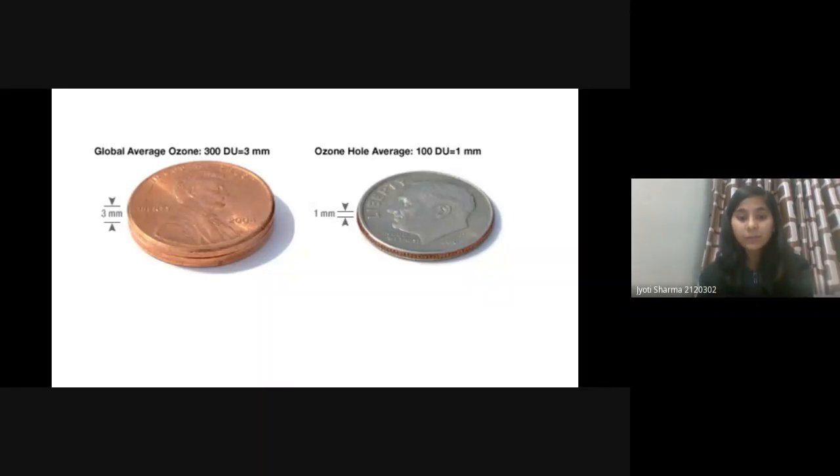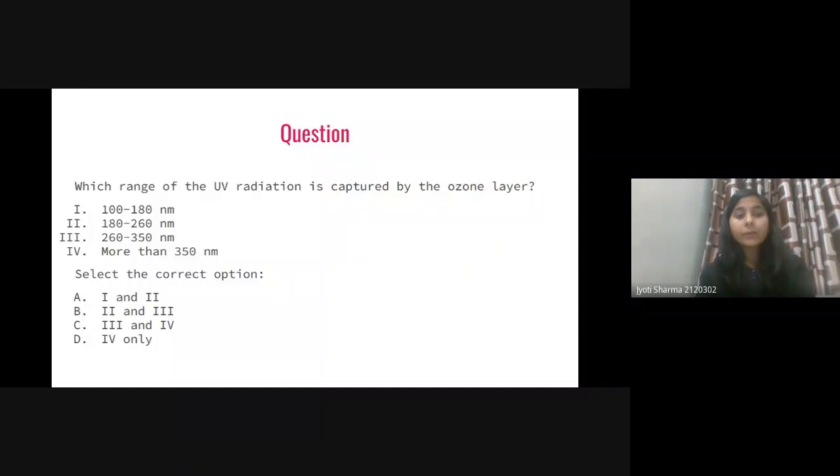We will talk about this as well. Because I told you stratospheric ozone is a good ozone, and why is it? Because it will absorb the ultraviolet radiation and it will not let the ultraviolet radiation go to the surface of the earth.